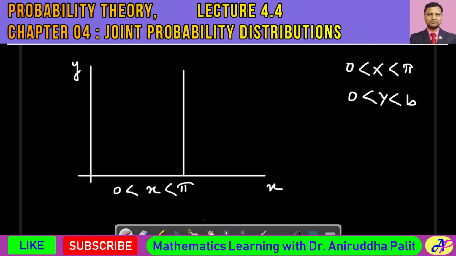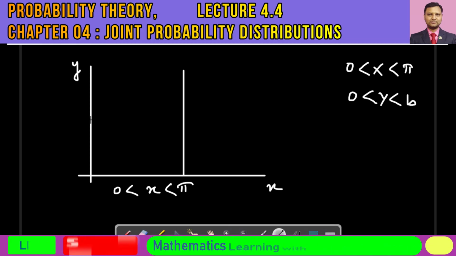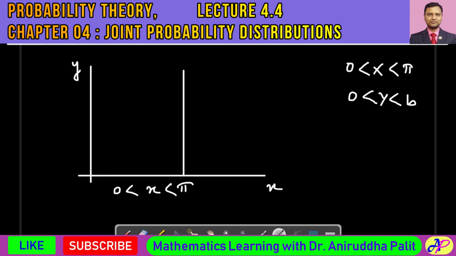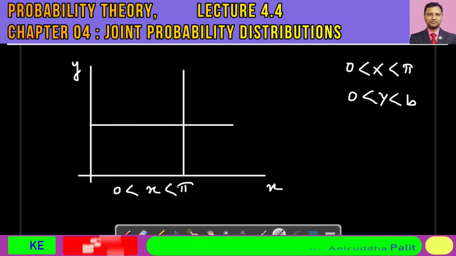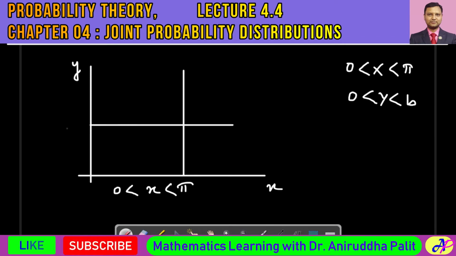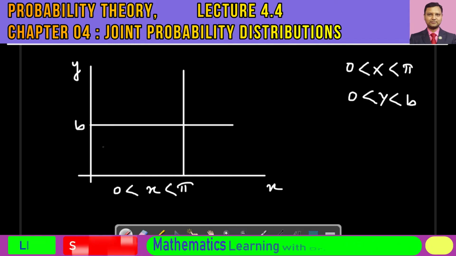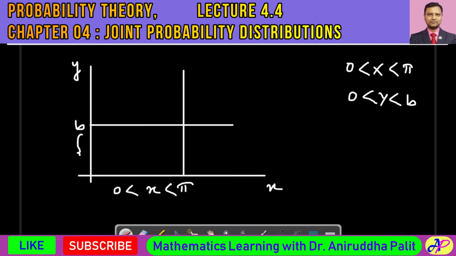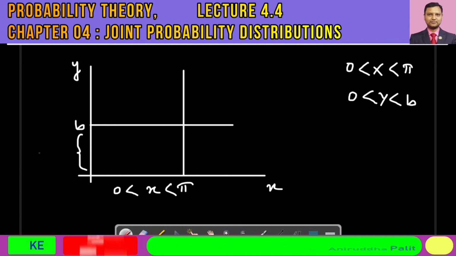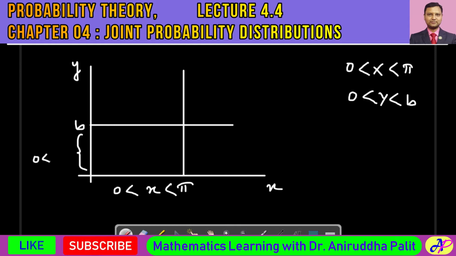Okay, and similarly over here we could consider a straight line parallel to the x-axis, and suppose this is y equal to b, therefore this region would be 0 less than y less than b.